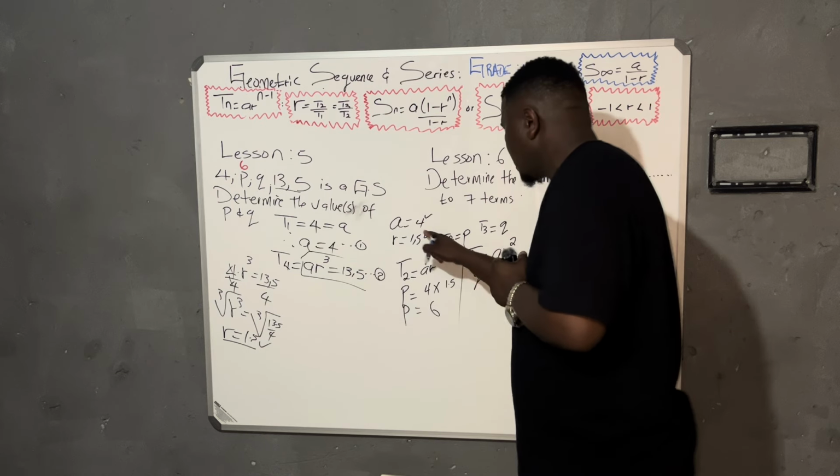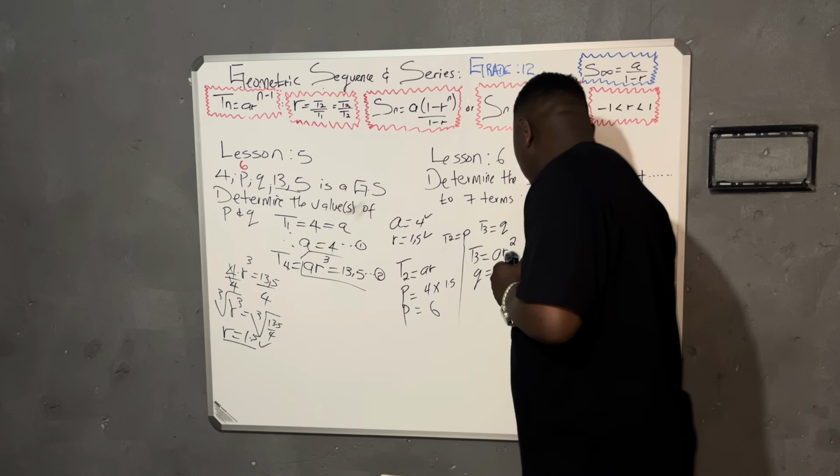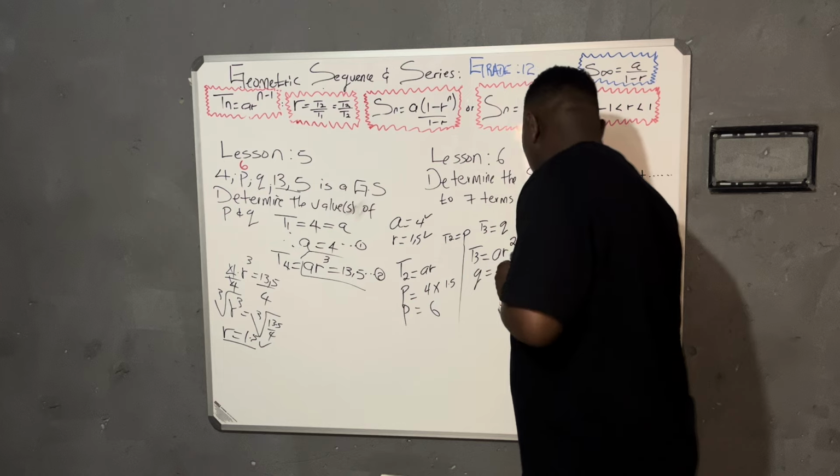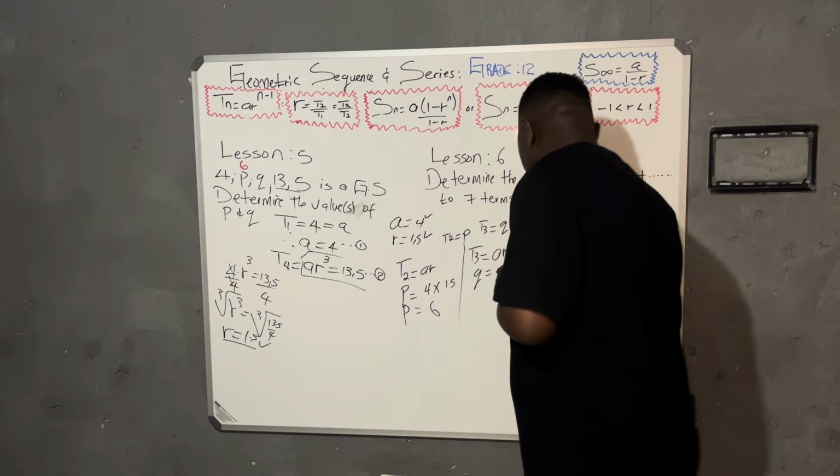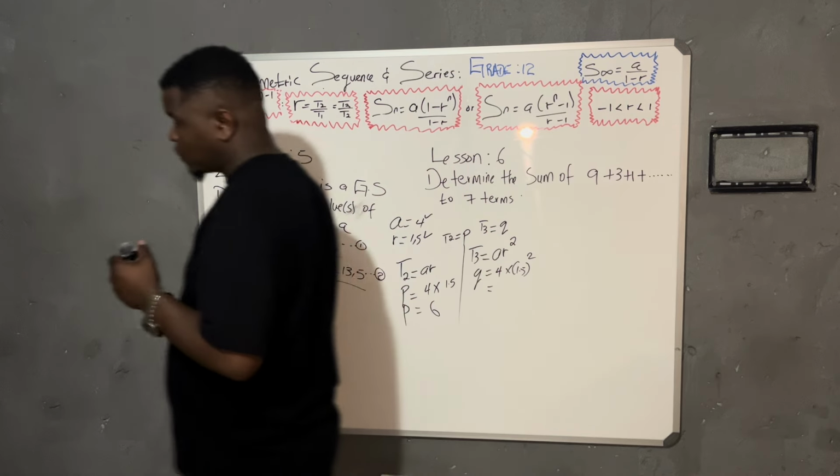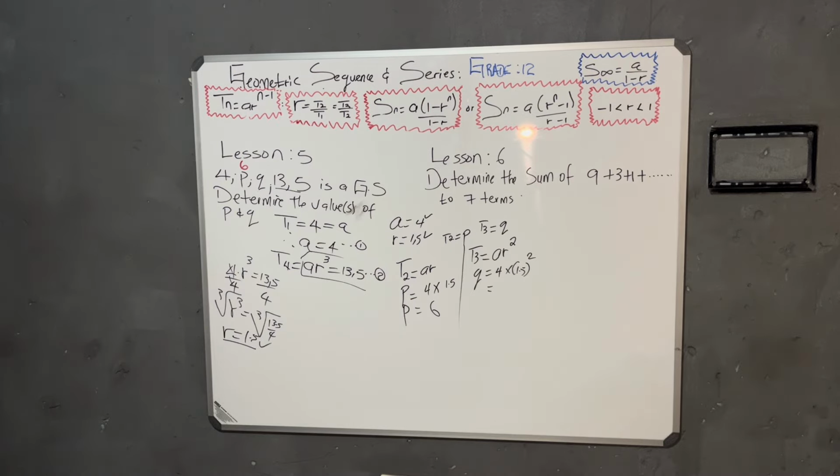What is A? A is still 4, multiplied by R, which is 1,5 squared. Now punch your calculator or just do your maths. We are getting 1,5 times another 1,5, which is 2,25, and then 2,25 times 4.